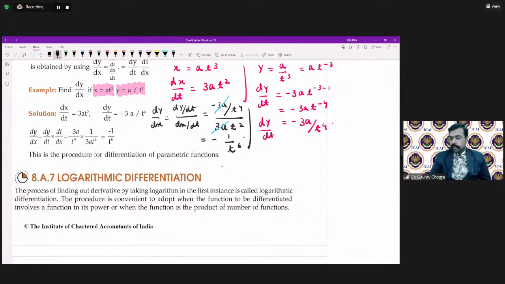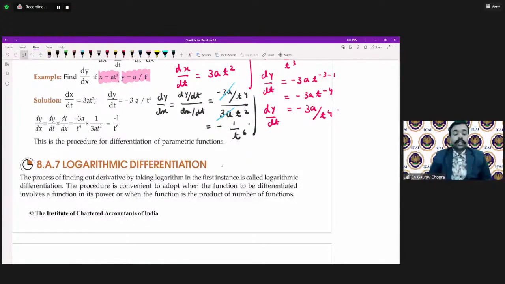So this is the final result. So this is the parametric equation.